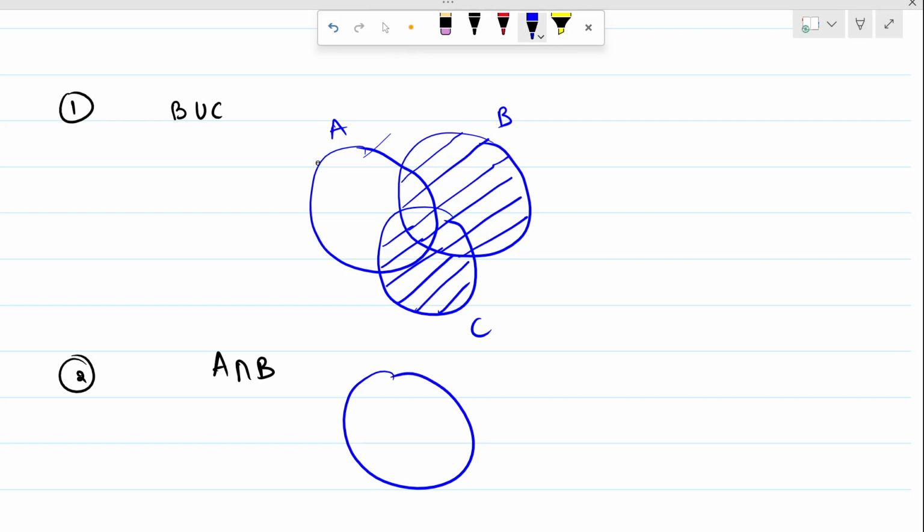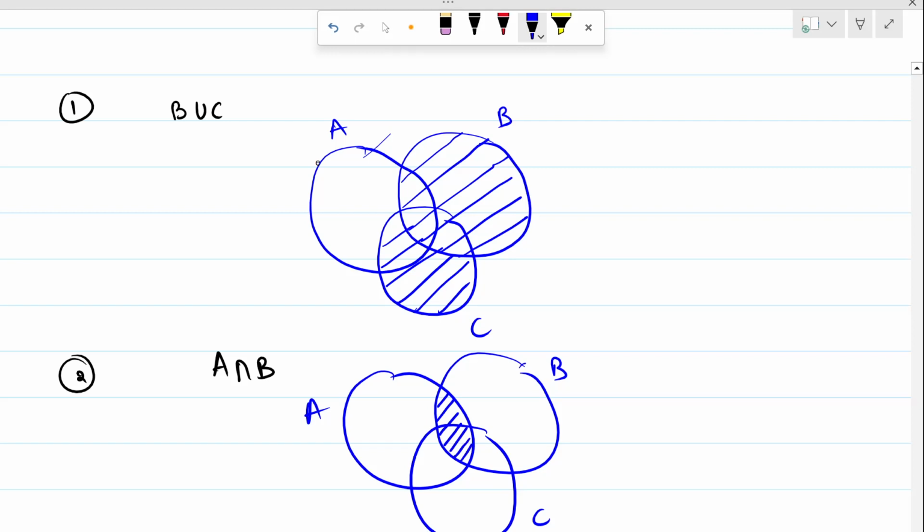This is set A, this is set B, and this is set C. So A intersection B will contain all the common elements, including those which are intersected by C. So we will not exclude the elements which are intersected by elements of C. So this is how A intersection B will look.